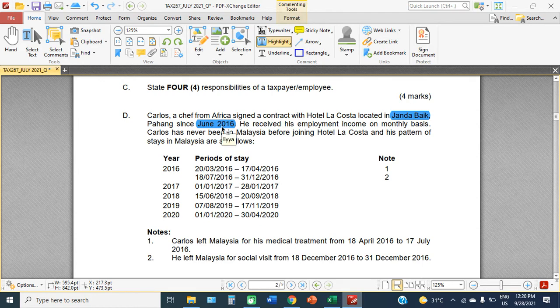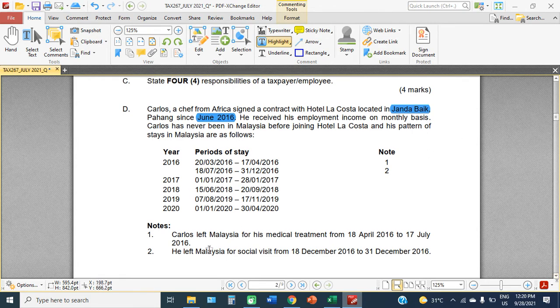This is very important information in case you want to use section 7 subsection 1C and D. Next, you look at here, this is the period of stay 2016 until 2020, but we have note number 1 and note number 2. So it is better for us to identify whether notes number 1 and 2 are TA or not.